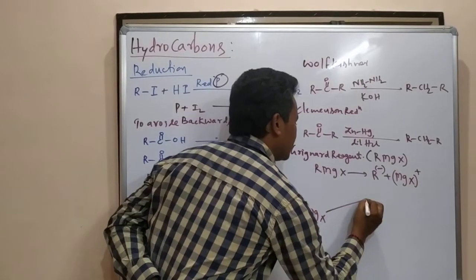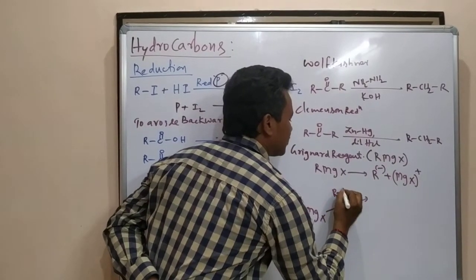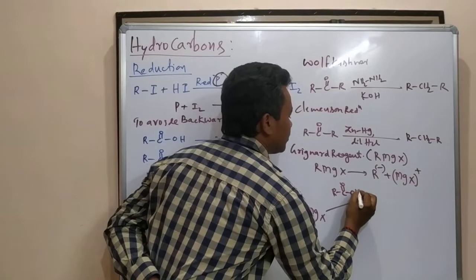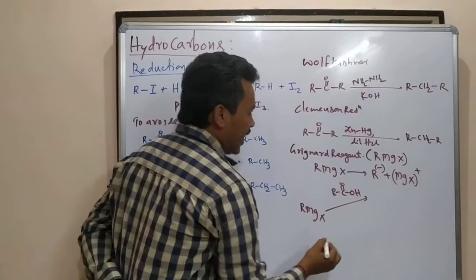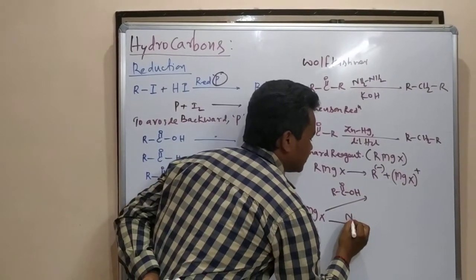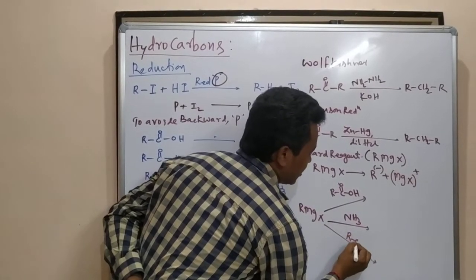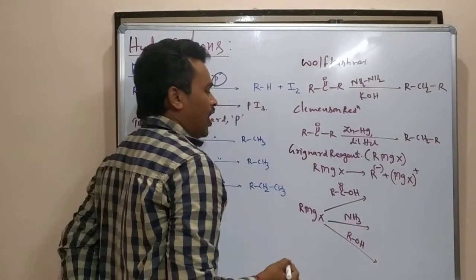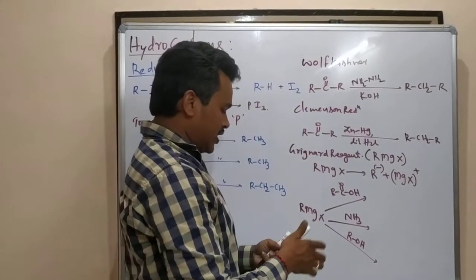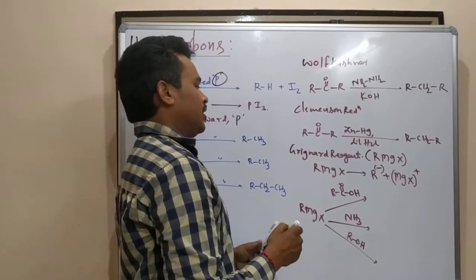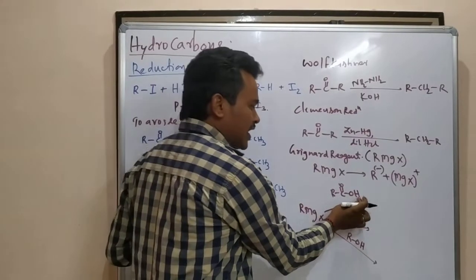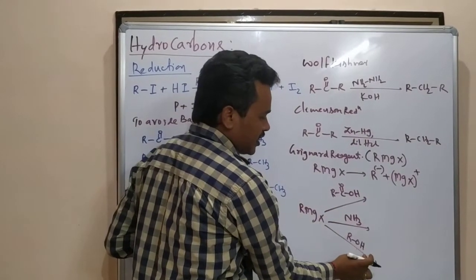For example, I will take a reaction with an acid, RC double bond OH, another with NH3, and another with ROH. What are these donating? They are all protonation reactions. Here H plus will be given, here also H plus will come, and here also H plus will come.